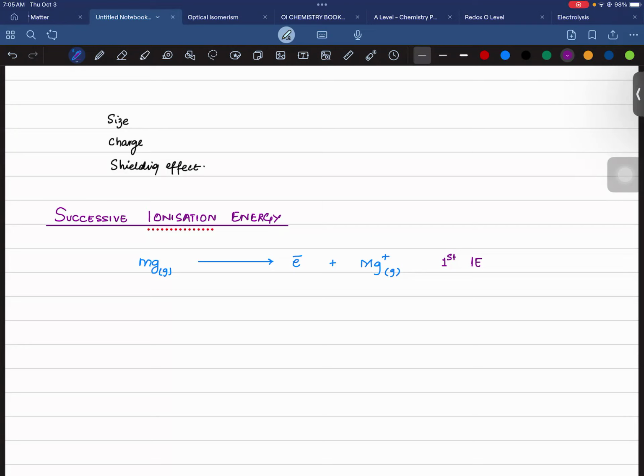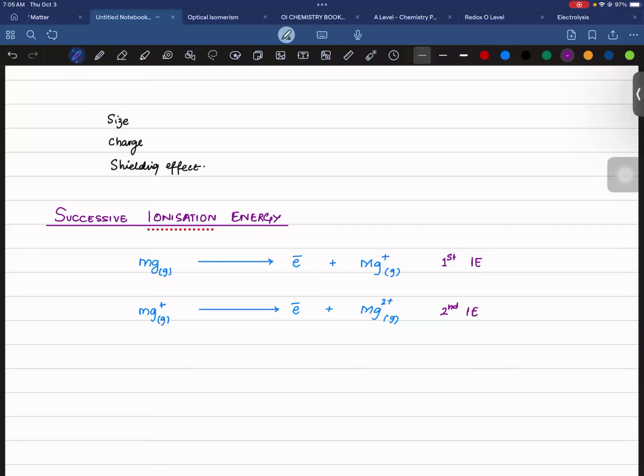Then obviously I can also remove its second electron. I would write this ion, and again provide energy, and this would be removing the second electron. This is called the second ionization energy. This is called the successive ionization energy.